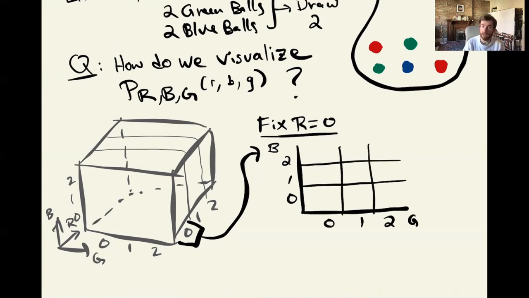All right, the first thing you want to do is start eliminating possibilities that you can eliminate by pure logic. Obviously, if I'm drawing 2, I can't get 0 green balls and 0 blue balls and 0 red balls. It's just not possible. Similarly, any of these numbers which add up to more than 2, I can eliminate.